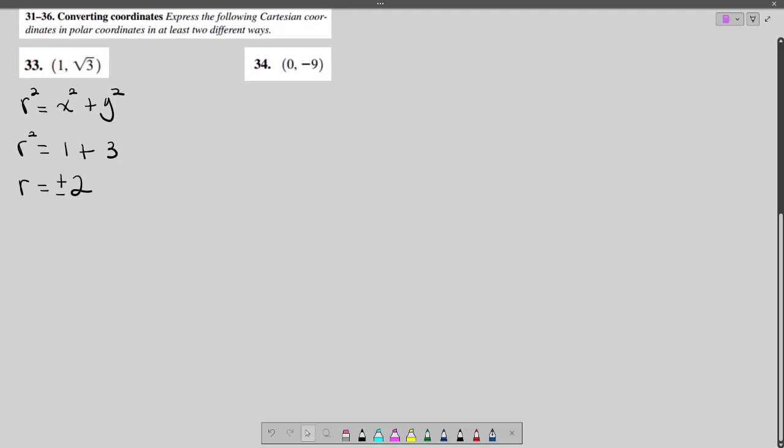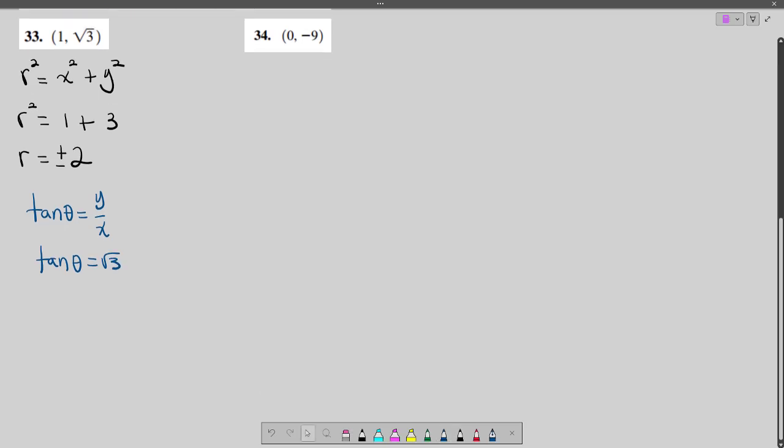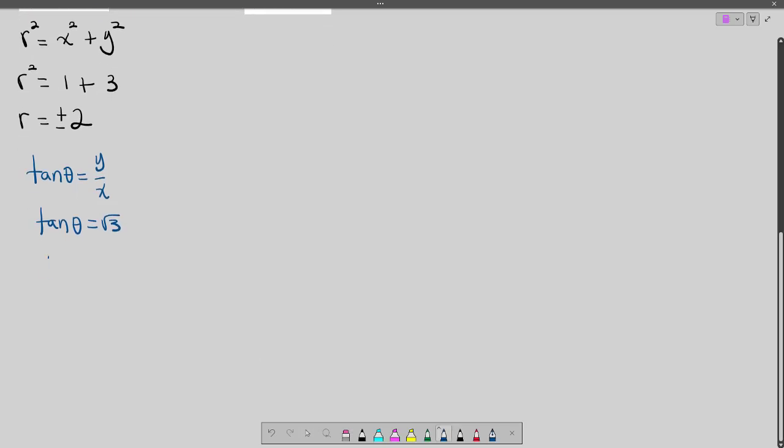Now, tangent is how we find the angle. So we would say tangent of theta is y over x. So here we're going to have tangent of theta is root 3. And what is next takes a little bit, we have to just be a little careful.